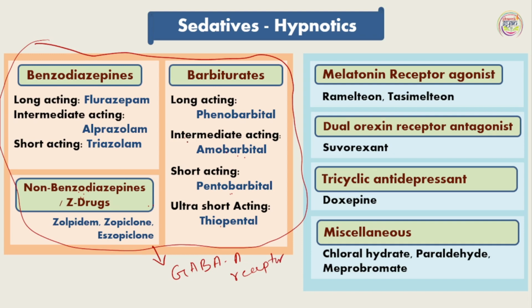So these drugs produce the sedative effect through the GABA A receptor. While the other categories, melatonin receptor agonists, dual orexin receptor antagonists, tricyclic antidepressants, etc., have their own mechanism, which is not related to the GABA A receptor.